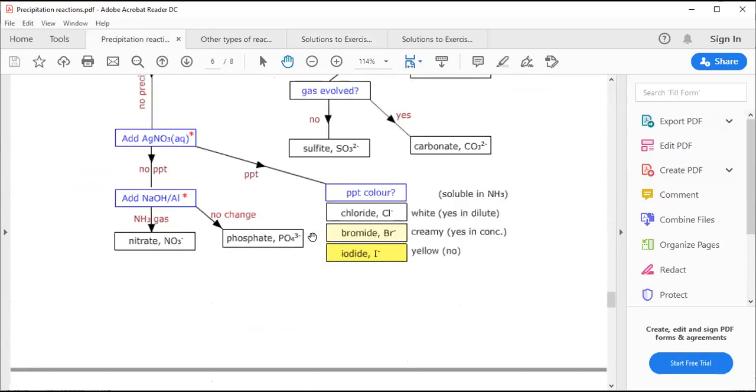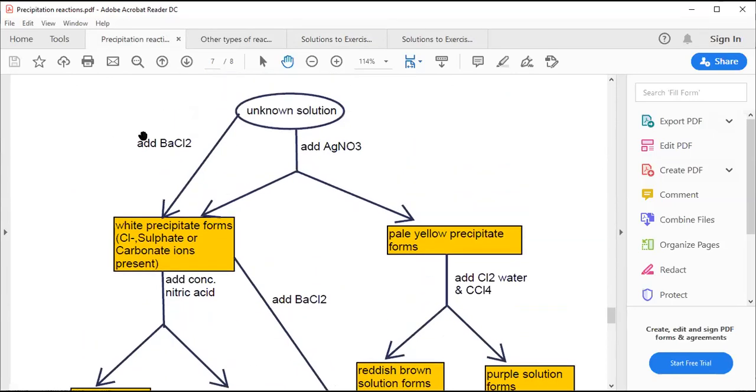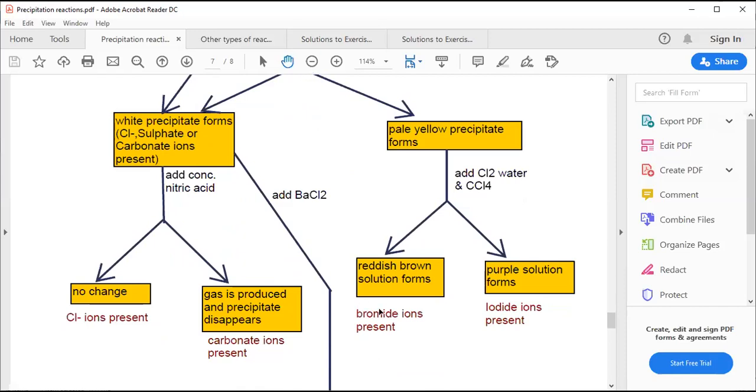The ones that form pale yellow are either your bromide ions or your iodide ions.